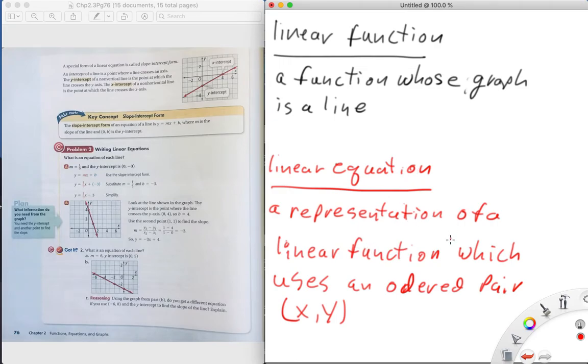We have stuff in slope-intercept form, which is a form of an equation.